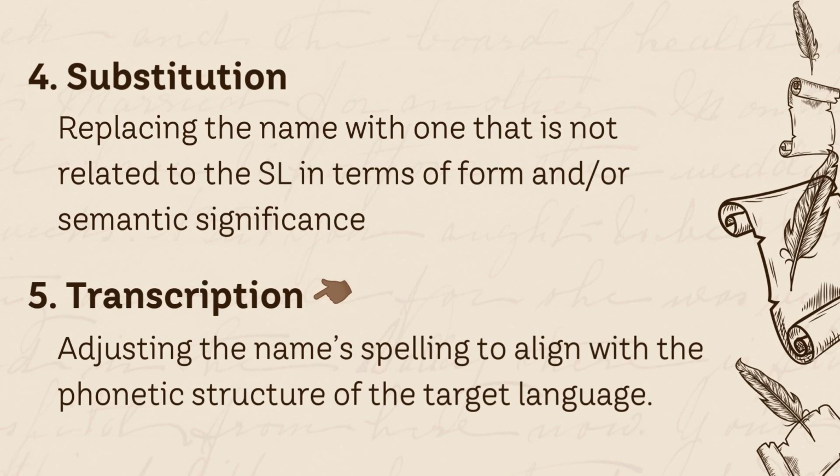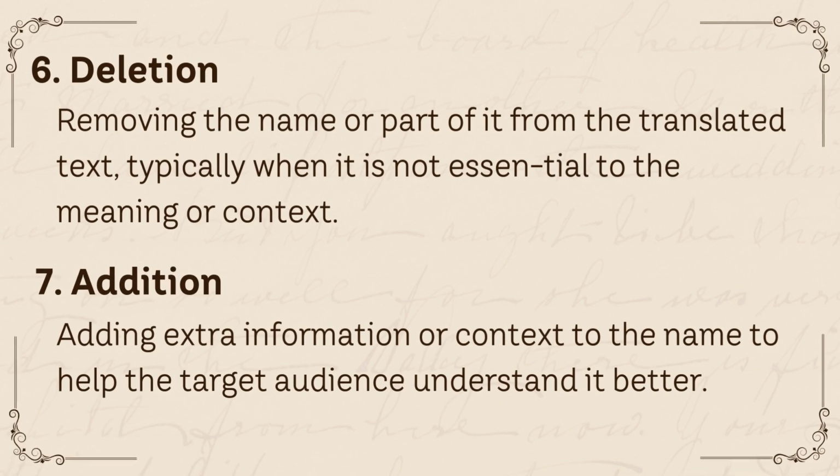Transcription changes the spelling of the name to reflect the phonetic structure of the target language. Deletion removes a name or part of a name entirely from the translation if it's not critical to the understanding of the text. Addition is when extra context or explanation is added to make the name clearer to the audience.